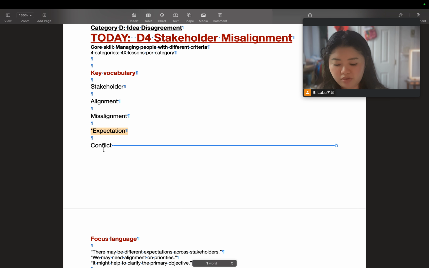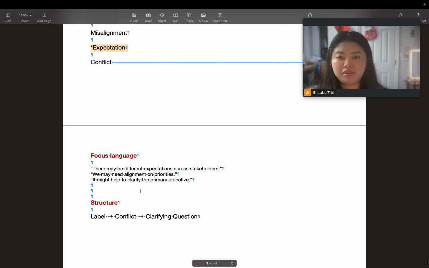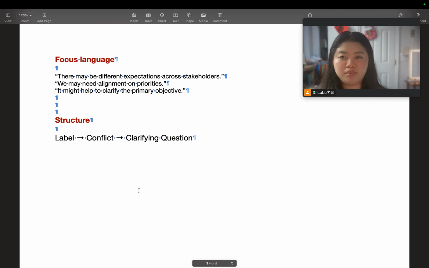Okay, let's look at the focus language. Please repeat each one after me. There may be different expectations across stakeholders. Perfect. We may need alignment on priorities. Good.